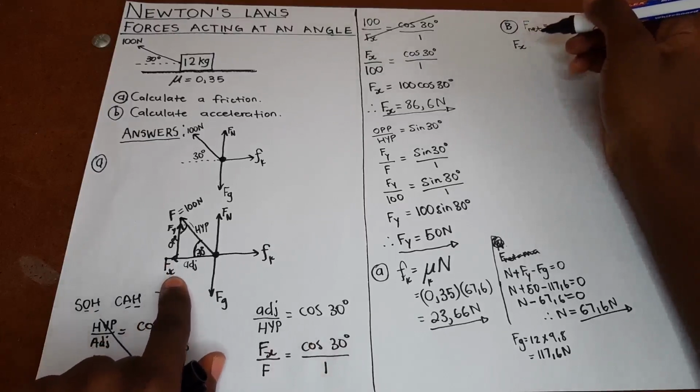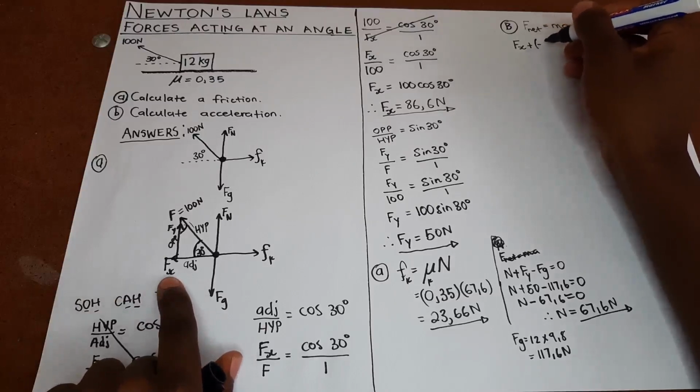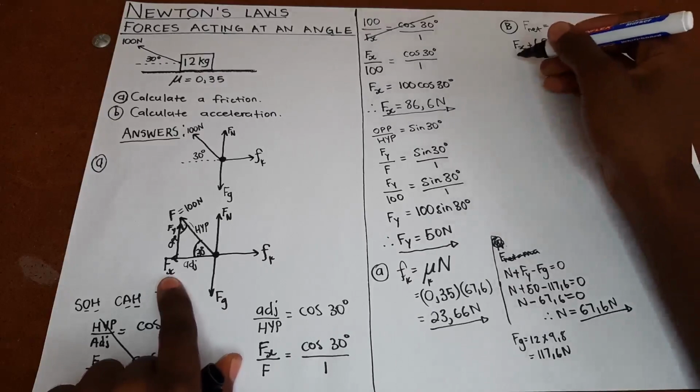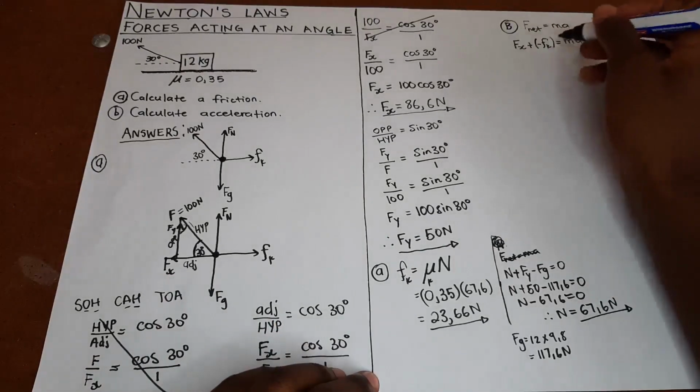Moving that way, plus a frictional force which is opposing the motion, a kinetic frictional force opposing the motion, equals ma. So let's substitute these variables.